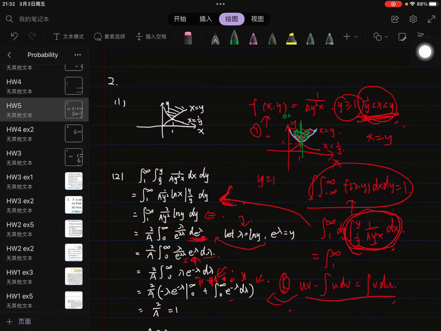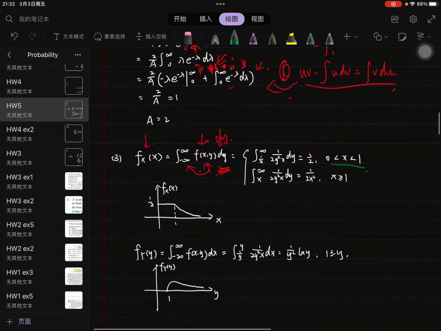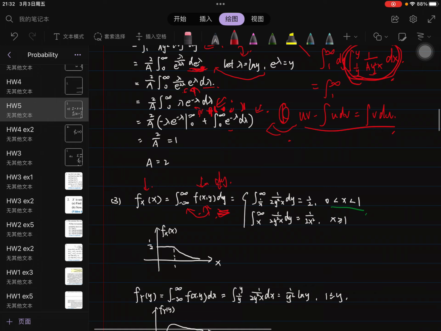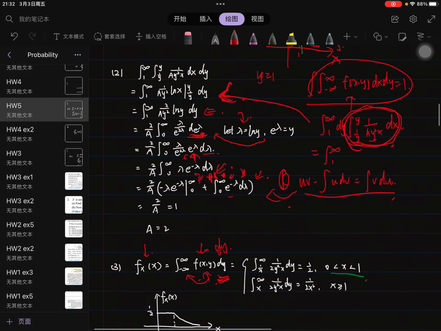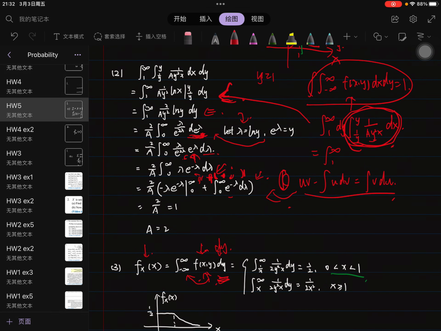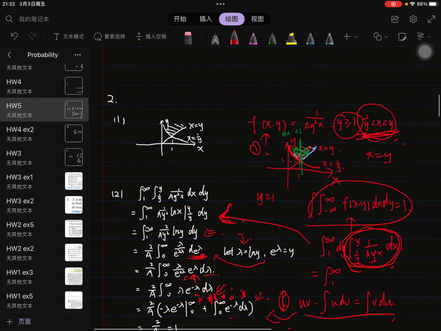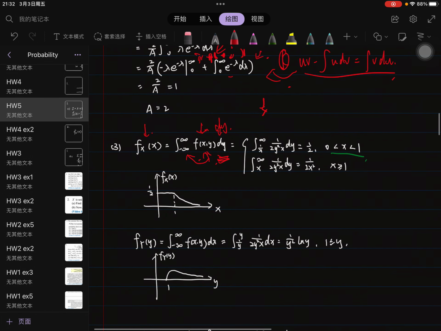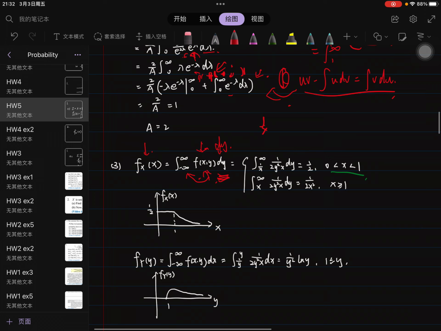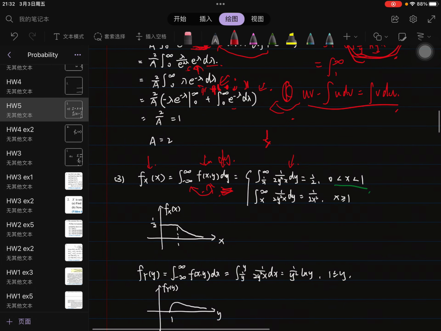When x is larger than 0 and smaller than 1, that is the left part. At this time, the lower bound of y is 1 over x, which is the minimum value of y, and the upper bound is infinity. That is why we write this expression, and this equals 1 over 2.